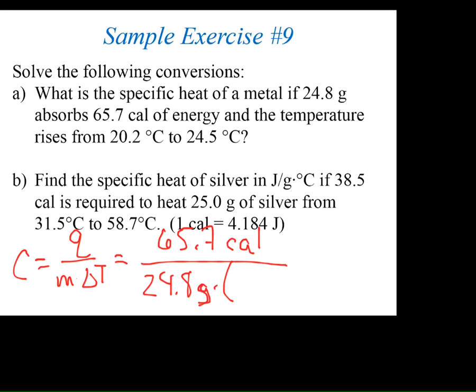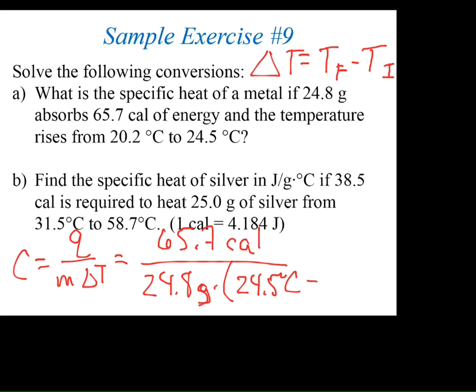Whenever anything is the delta, the change, it's going to be the final minus the initial. So I'll make a little note for that up here for you. So delta T equals T final minus T initial, okay? Final minus initial. So in our case, what's the final temperature? Where did it wind up? 24.5.